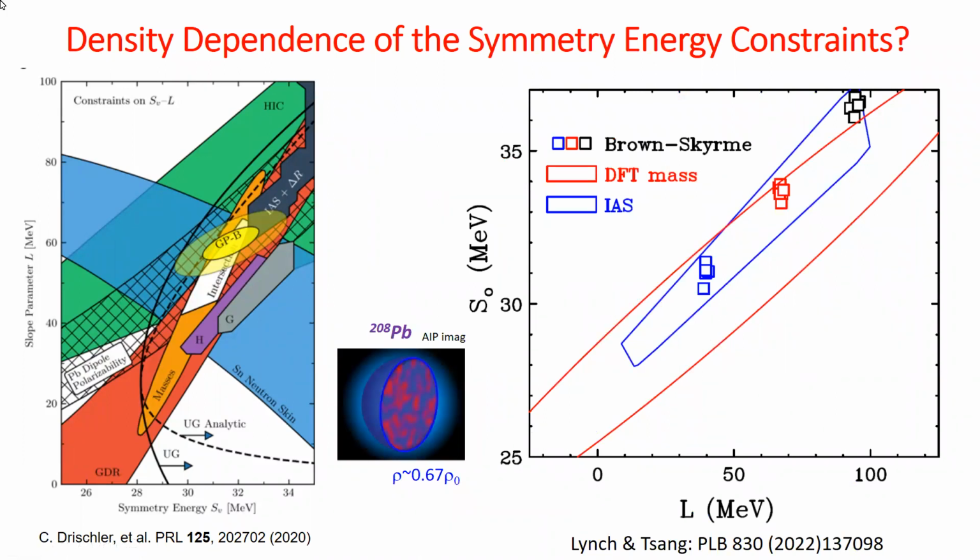So if you extract 3 different types of slopes in here, from 3 different types of measurements, these are mainly mass. So mass measurement by Brown and DFT, the density functional theory, and also the isobaric analog states. You can see the slopes are similar.